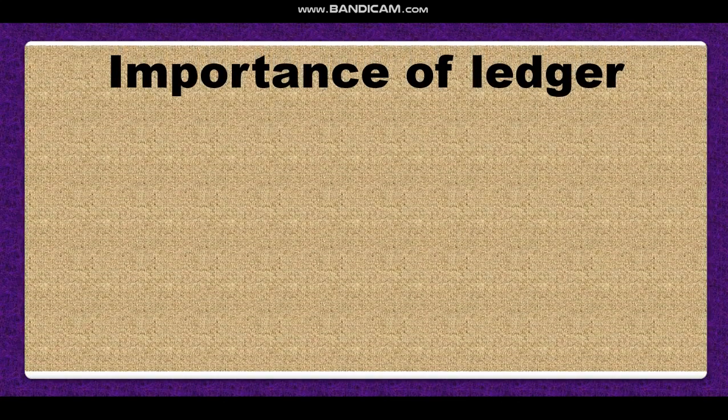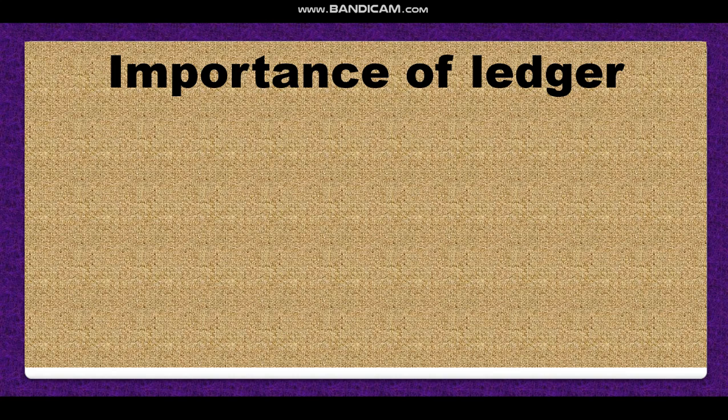Now, importance of ledger. Dear student, I have just told you that ledger is called king of all books of accounts. So this is very important. That means whatever books we have kept in accounting, out of those, ledger is the most important book for accounting. That's why it is called king of all books of account.